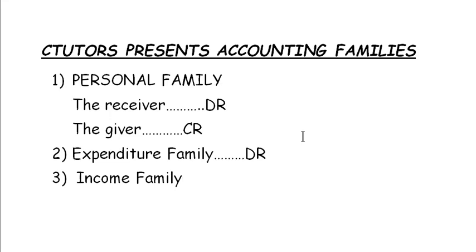Remember that I told you that there are 6 in number. I'm discussing the third one right now, the income family. So whatever brings money to a business is called income. If it is on regular basis, it is income. Then if it is not on regular basis, it has another family to be discussed. Example, sales.